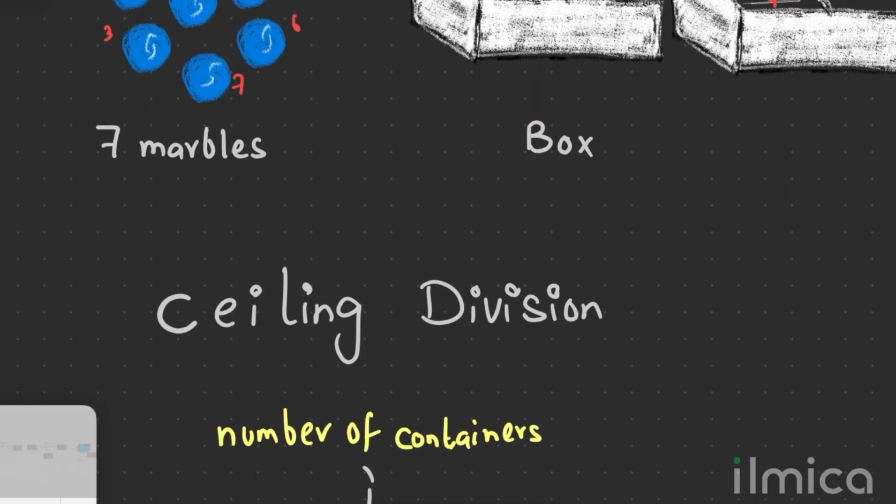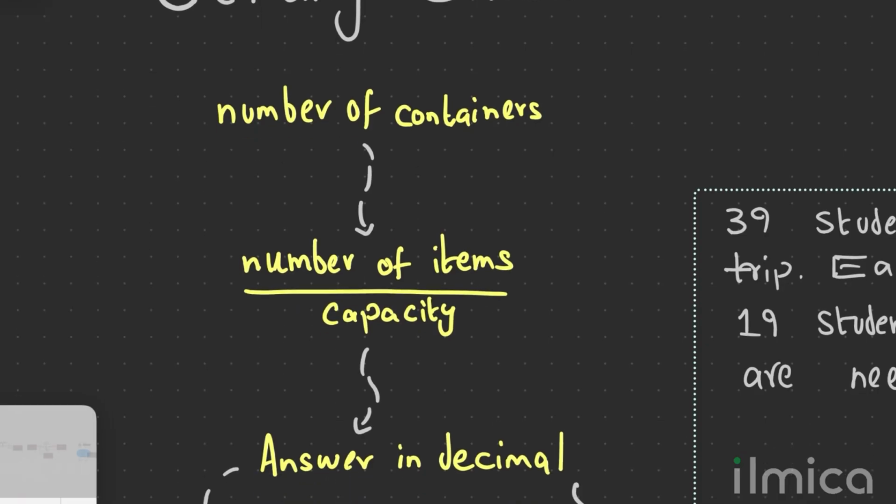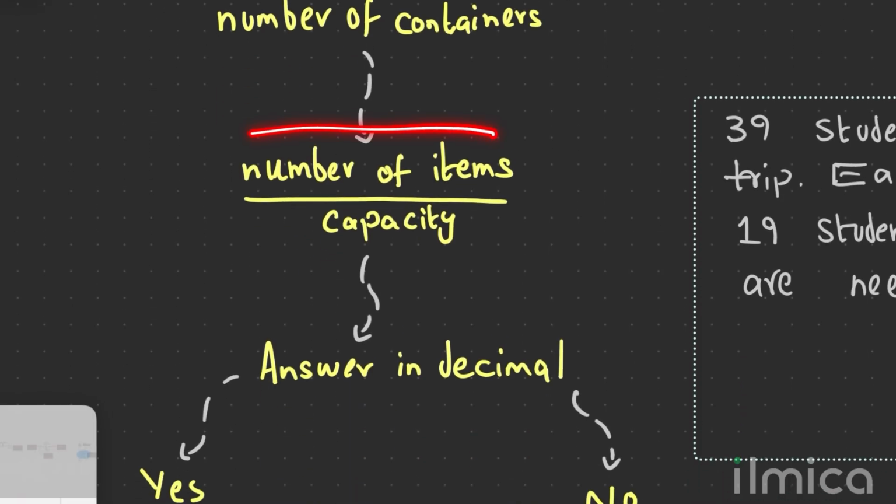In order to calculate the number of containers, what you do is simply take the number of items and divide that by the capacity of one container. In the example that we just did, the capacity of one container was 4, right? The number of items, which was the number of marbles we had, was 7, and the capacity was 4.